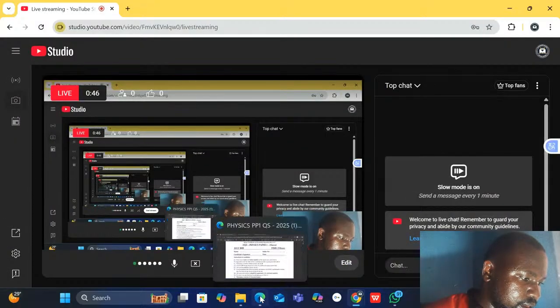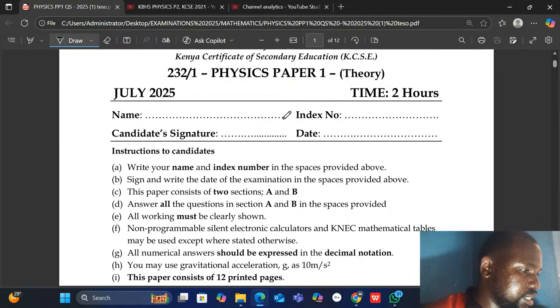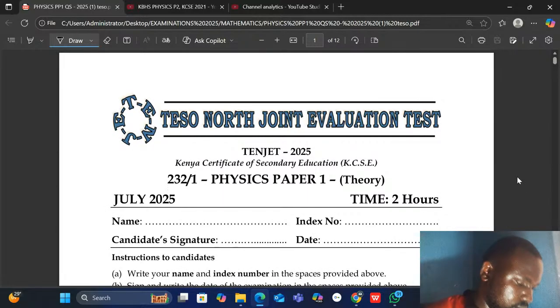Here comes the paper. And we are going to start with the front page. That is how it is.